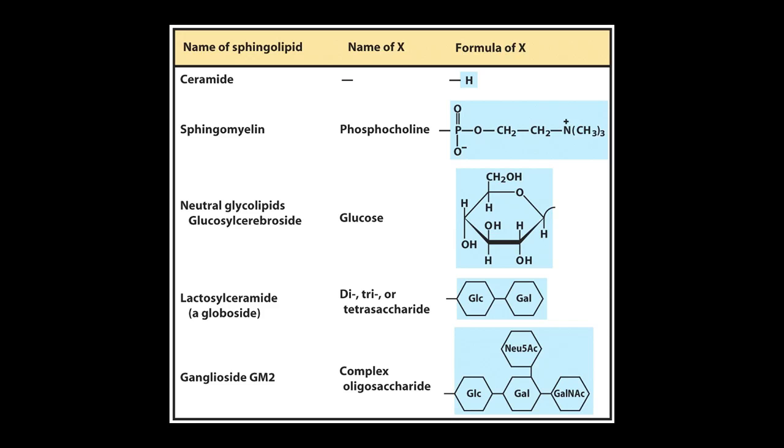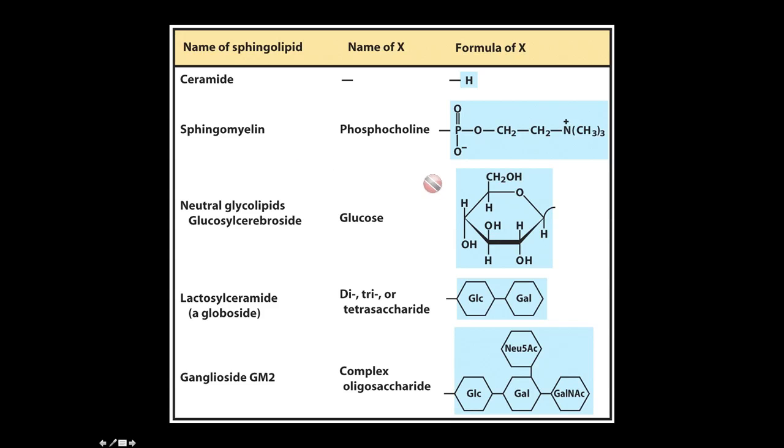These myelin sheaths increase the speed at which nervous impulses are conducted. And it's extremely important because there are some diseases that break down sphingomyelin and a lot of bad stuff happens. So you can do some reading. Read up about multiple sclerosis as well, and you'll see some serious things happening there.